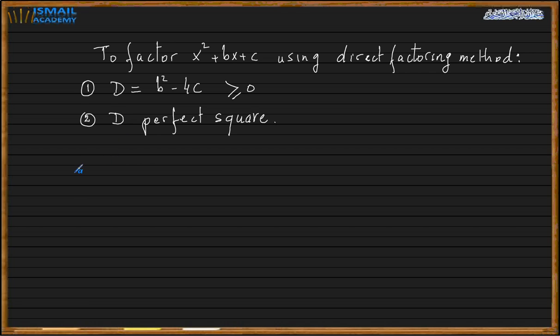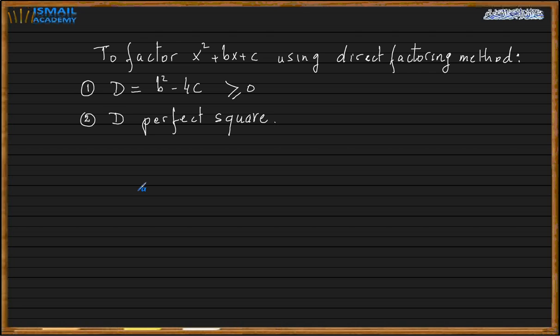If those two conditions are satisfied, then I can use the direct factoring. If they are not satisfied, then don't waste your time. You cannot use the direct factoring method to factor a quadratic expression that does not satisfy those two conditions.